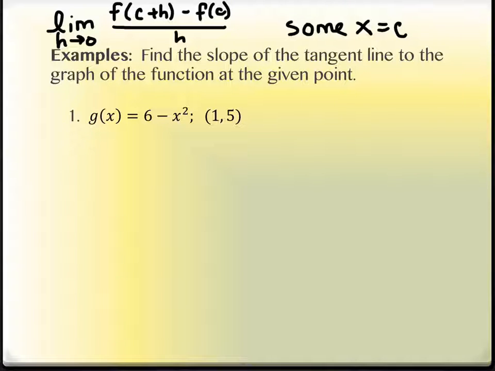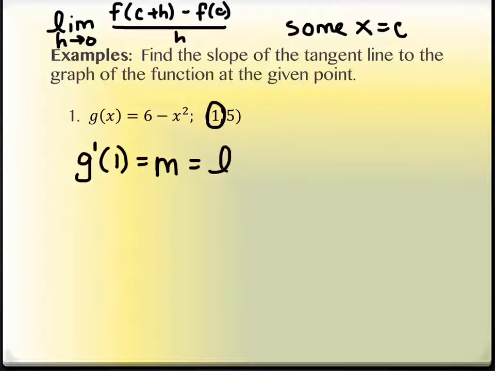What's the x value in this particular case? It's 1. So I'm going to be using the x value of 1. I don't need the y value they gave me at all. So we're actually going to be finding, the notation is a prime notation, it looks like this, the slope at g(1).